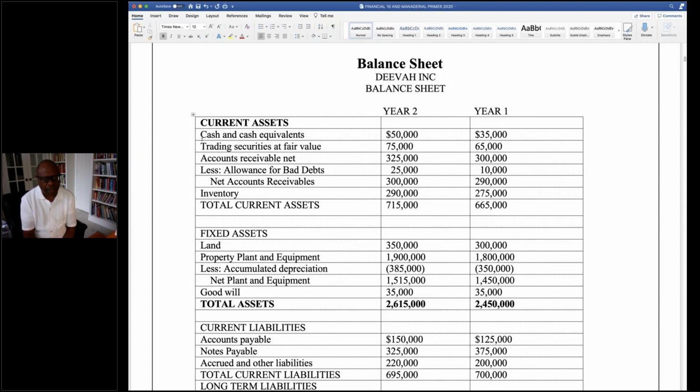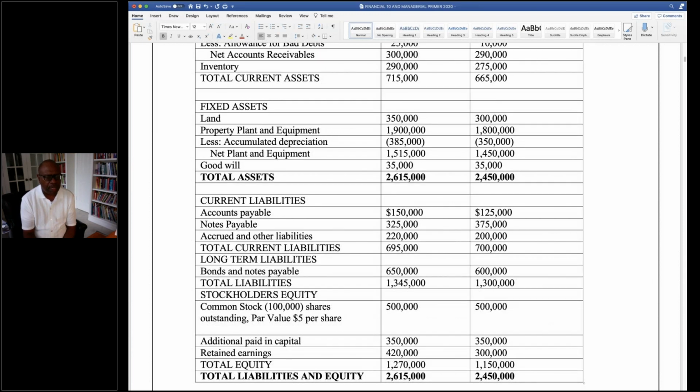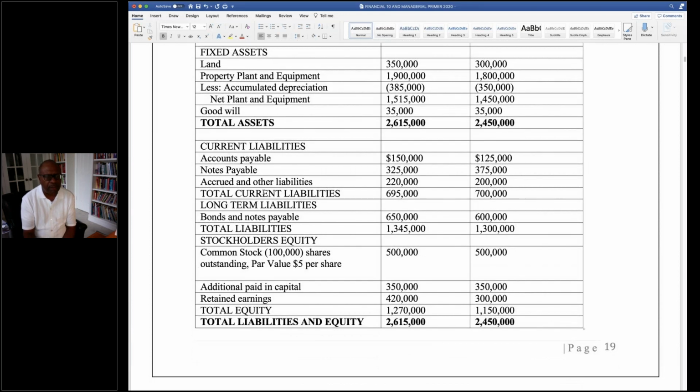Notice that we have current assets first, total current assets, then the fixed assets or long-term assets, then the total assets in general. Then we have the liabilities, current liabilities, long-term liabilities, total liabilities, the stockholders' equity, retained earnings, total equity, total liabilities and equity, and these have to agree.